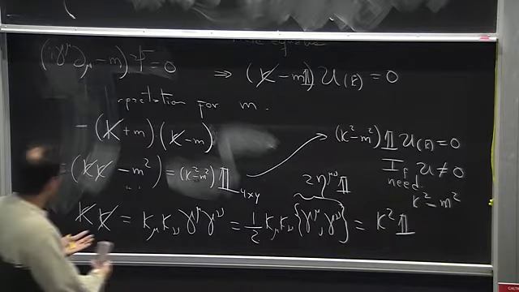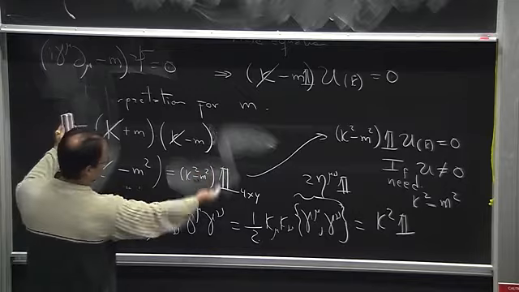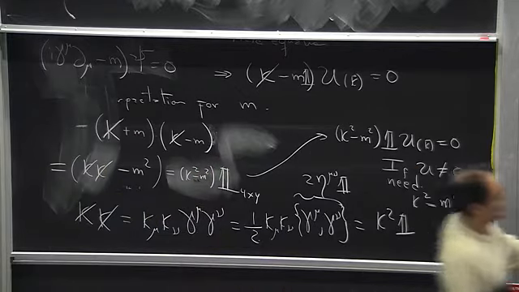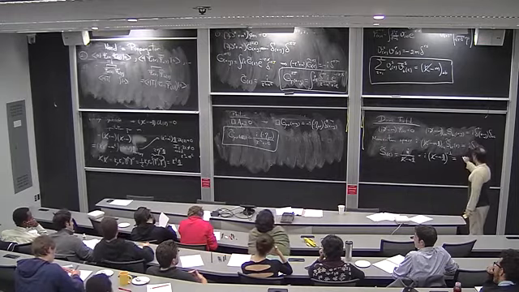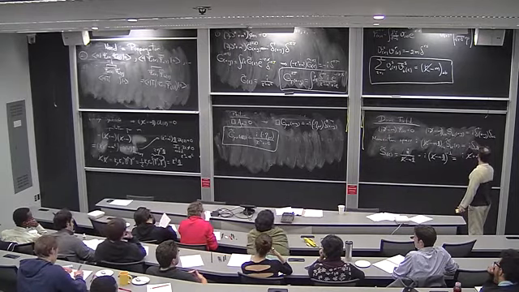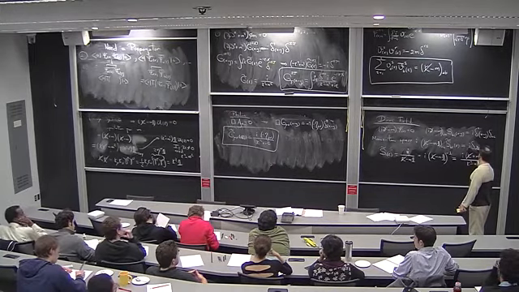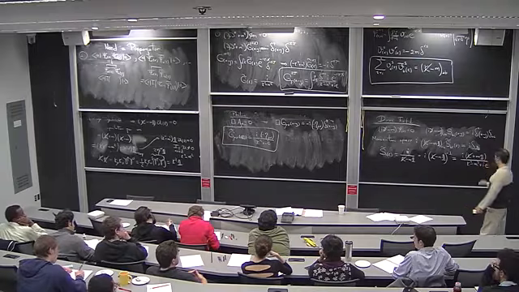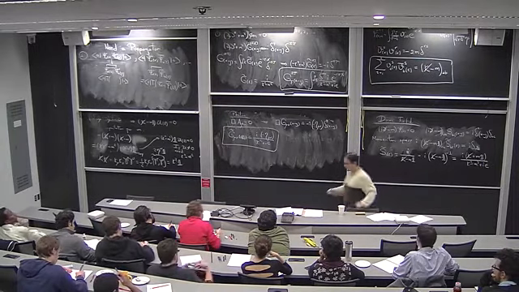But as a matrix, this derivation is perfect. So we just get the inverse: i(k-slash plus m) divided by k squared minus m squared. And now we put the i epsilon in order to have the Feynman condition.